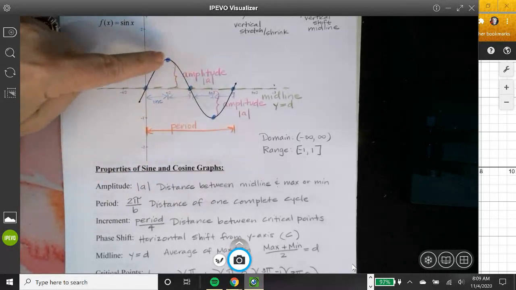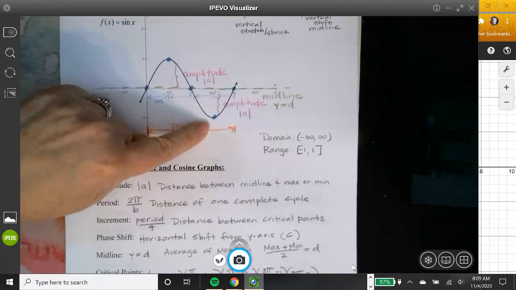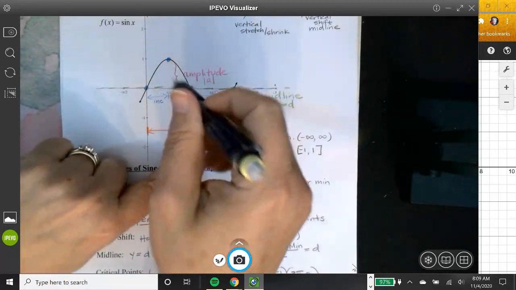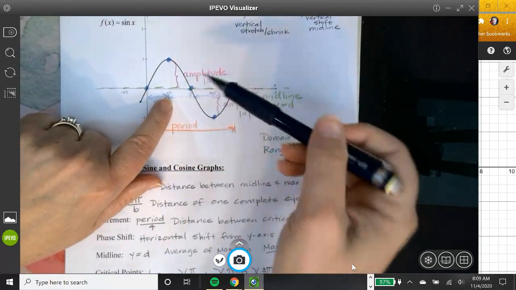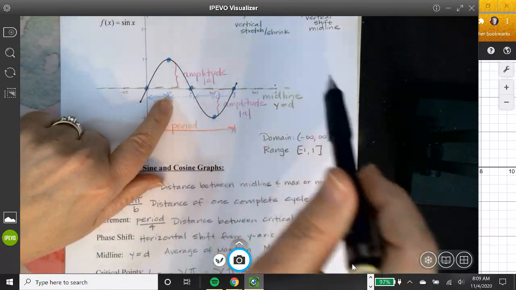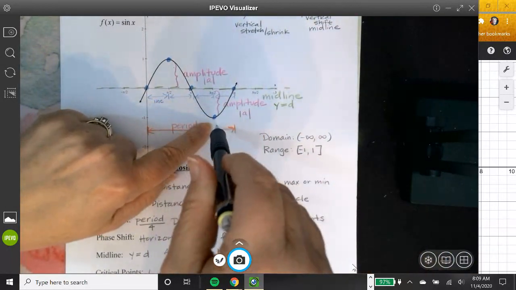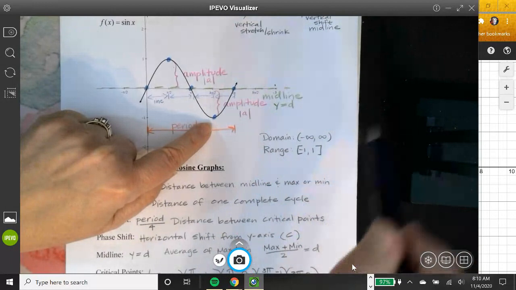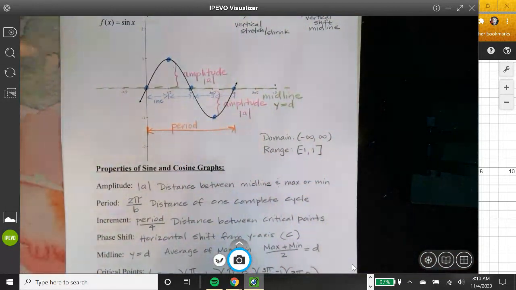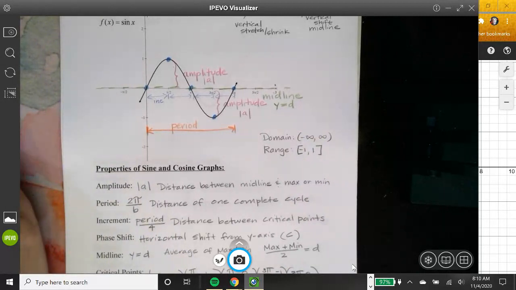It has absolute maxes and absolute minimums. And this absolute max occurs every 2 pi. And this absolute min occurs every 2 pi. And we call them periodic functions because they repeat exactly the same shape, size, every period.